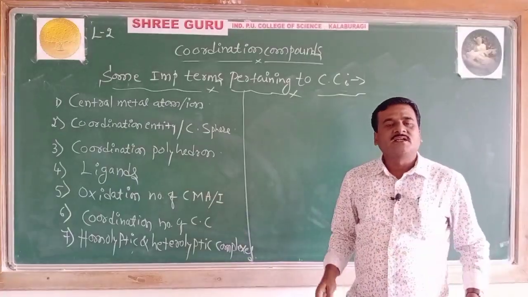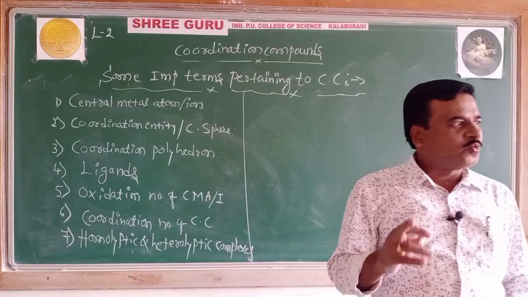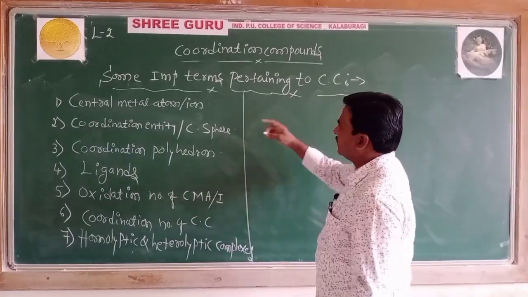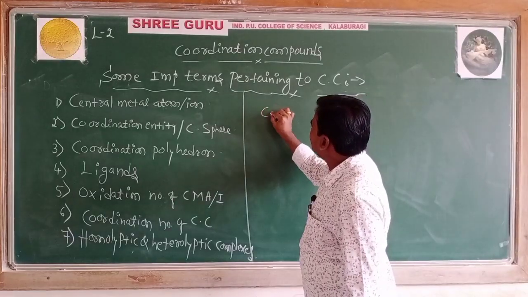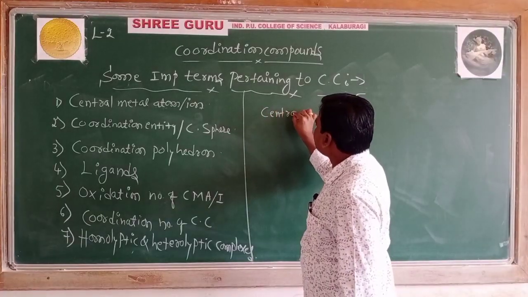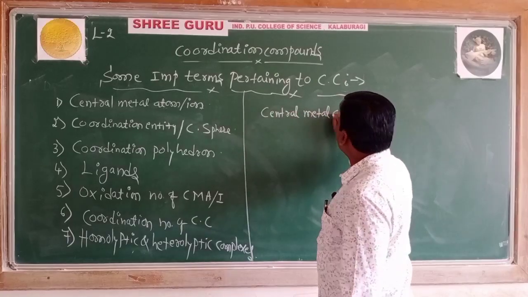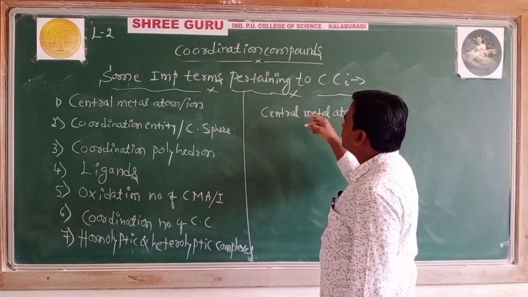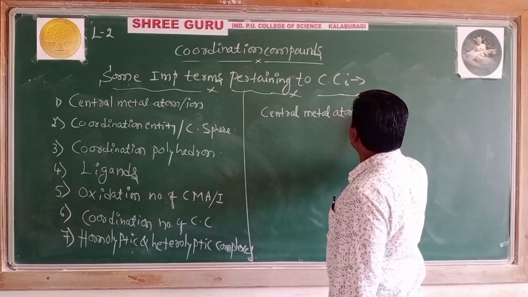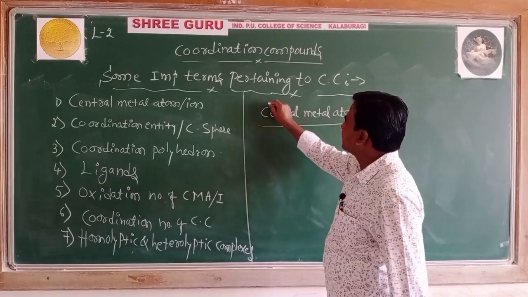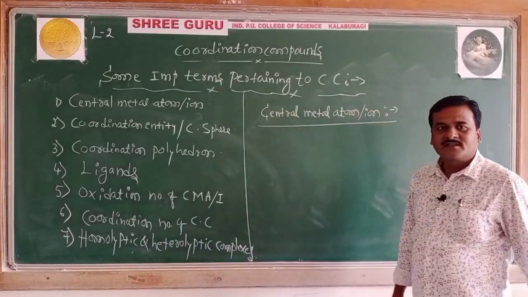Now let's collect the terms one by one. Very easy, and follow it. First one is the central metal atom or ion. So how to define this central metal atom or ion?